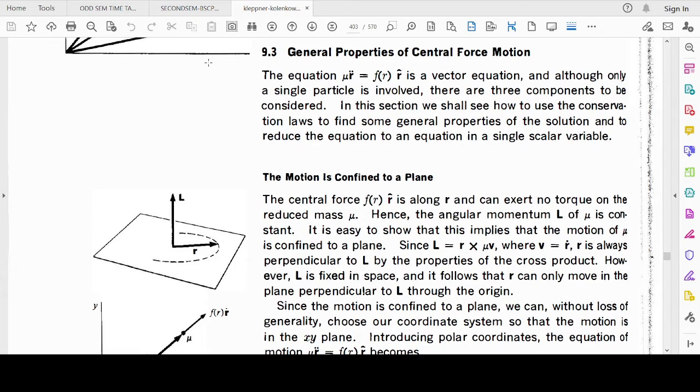Why? Because the angular momentum is given by r cross p, that is the moment of momentum. r cross mu v is the angular momentum. But angular momentum is constant here. Now what is velocity? Velocity is r dot.